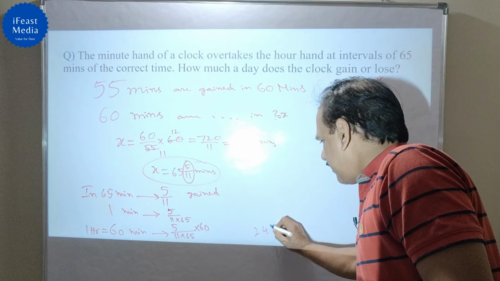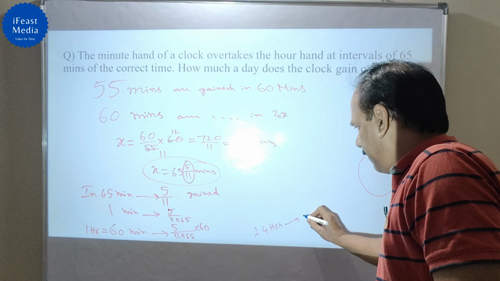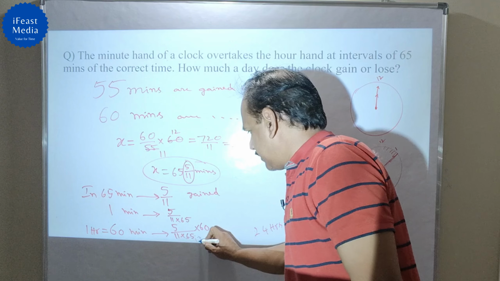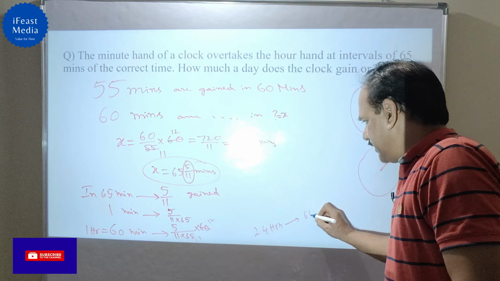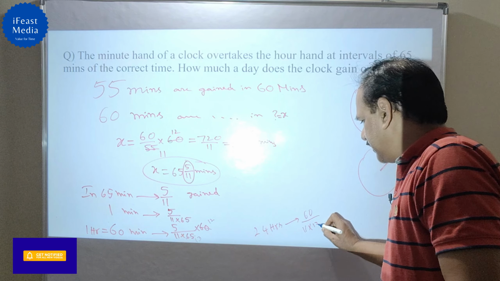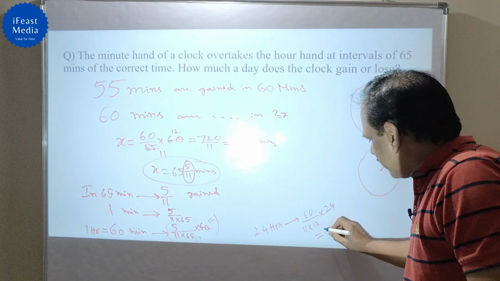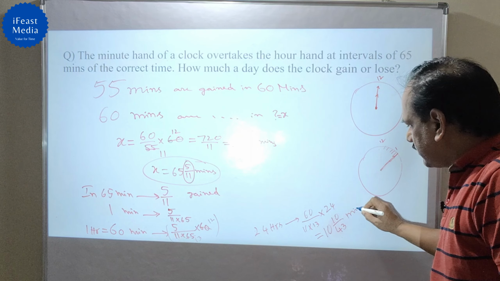In 24 hours you multiply it by 24 on both sides. We can cancel 5 here for 13, 12, 60 by 11 into 13 into 24 again. If you simplify this, what you will get is 10 by 43 minutes.